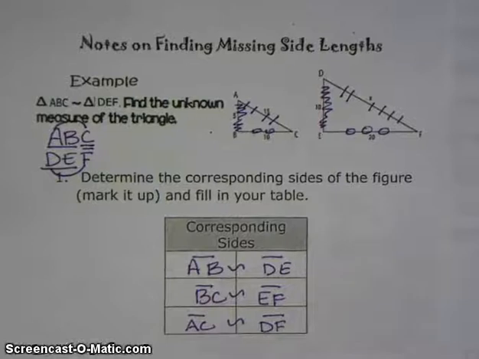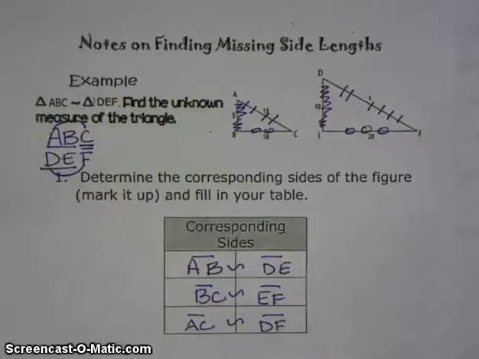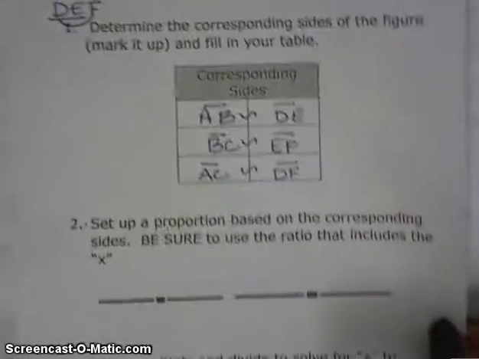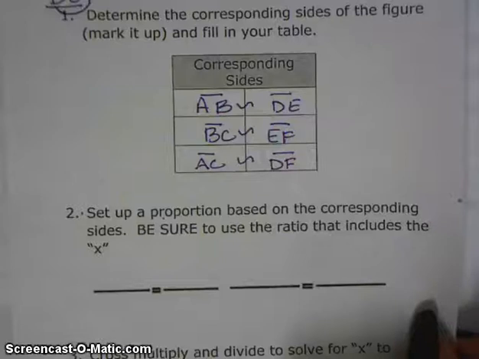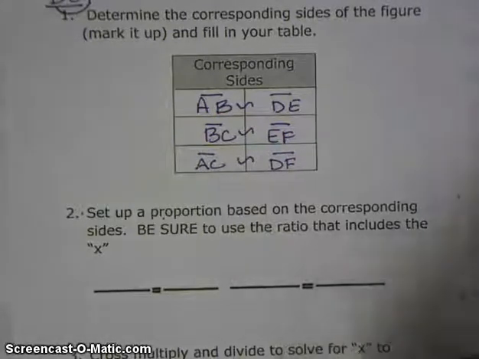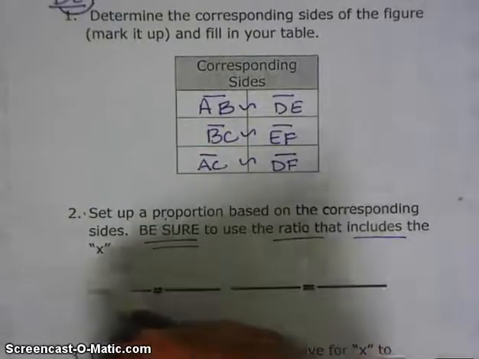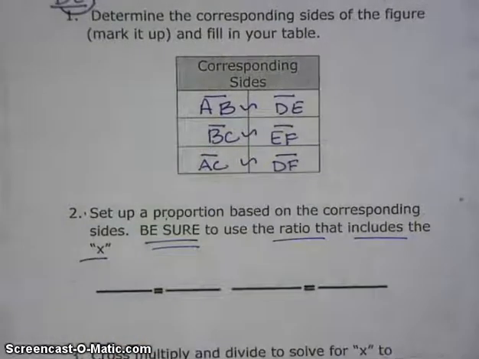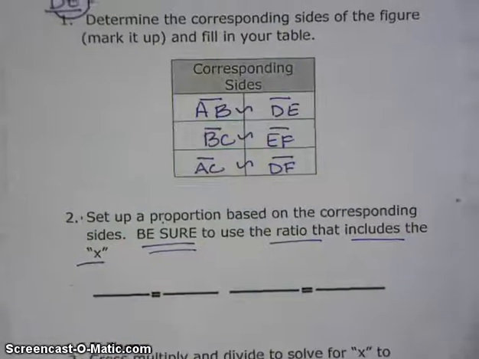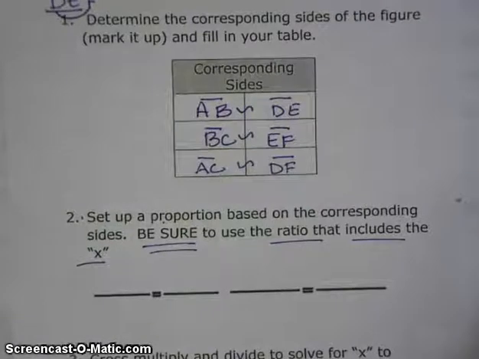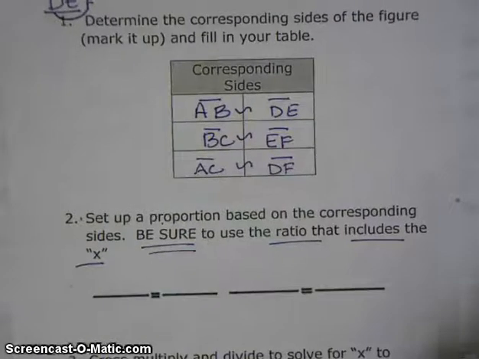Okay, so once we have our corresponding sides, if you look at your anchor chart, it says my second step is to set up a proportion based on the corresponding sides. Be sure to use the ratio that includes the X. This right here is the most important part. You have to use the ratio that includes the X. I'm actually going to identify that ratio first, and then I'm going to choose another pair of corresponding sides.